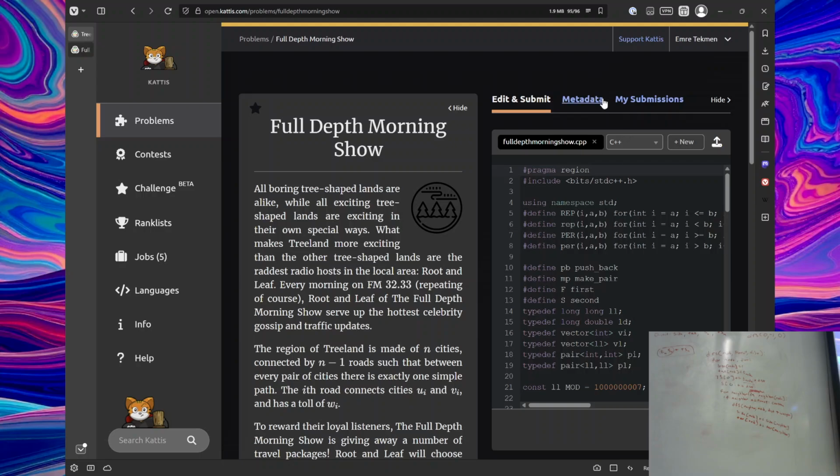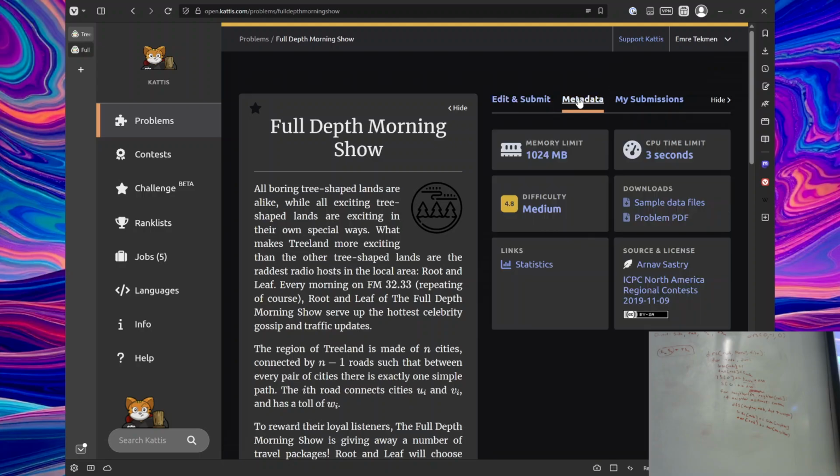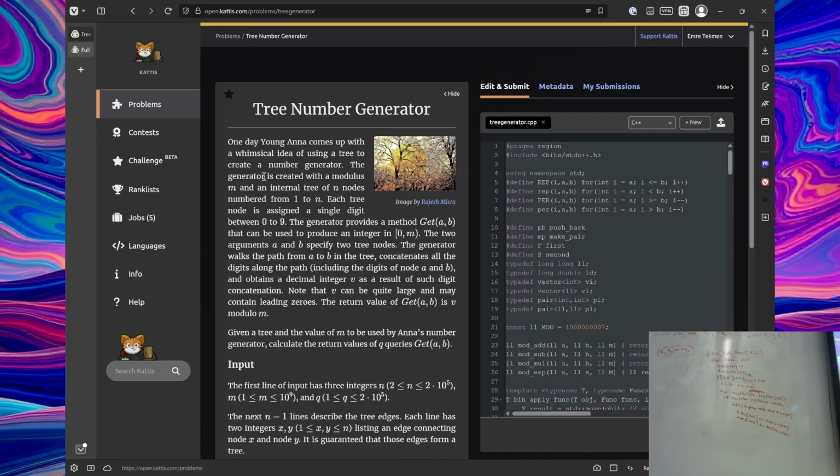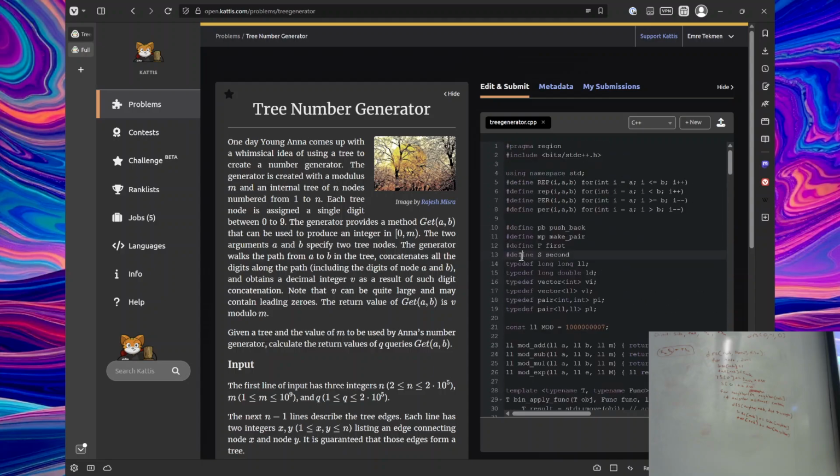So that took me way too long to explain. Or maybe we just don't have enough time. I really wanted to go over tree number generator as well, because that's another really important concept. However, I won't be able to do that because it's 7. But I wrote a really detailed explanation of everything that's going on.